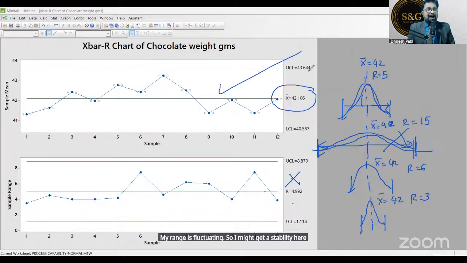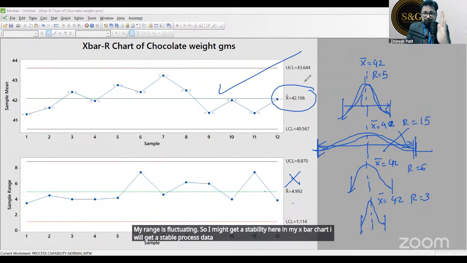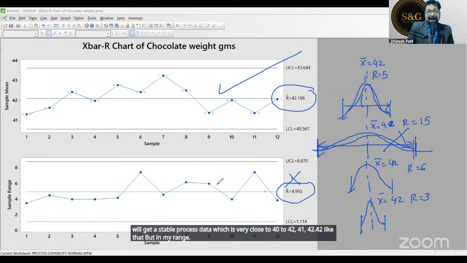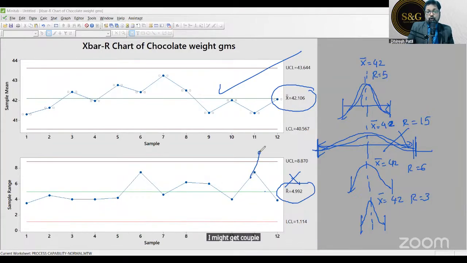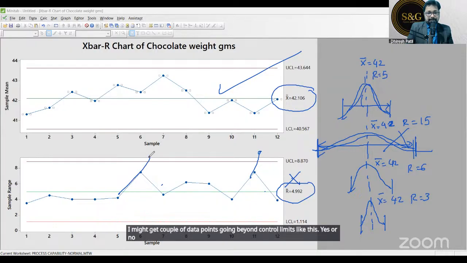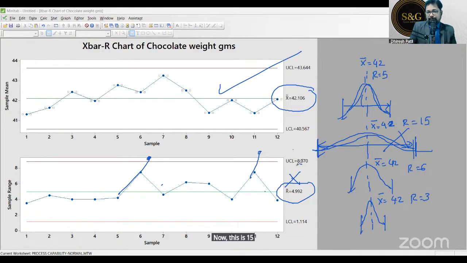So I might get a stability here. In my X bar chart, I will get a stable process data, which is very close to 42, 42, 41, 42, 42, like that. But in my range, I might get a couple of data points going beyond control limits like this. Yes or no? Are you understanding this? Now this is 15, right? The second data point is 15.